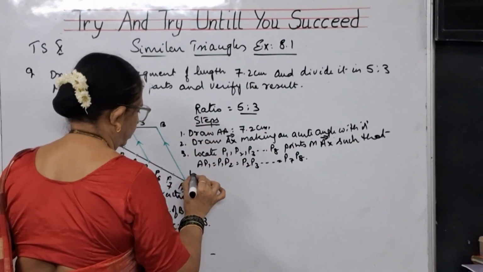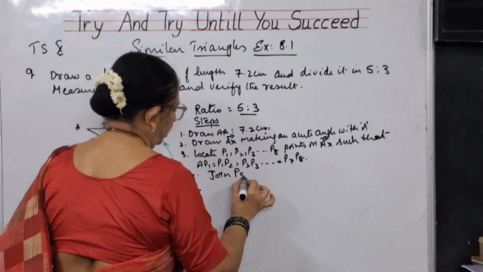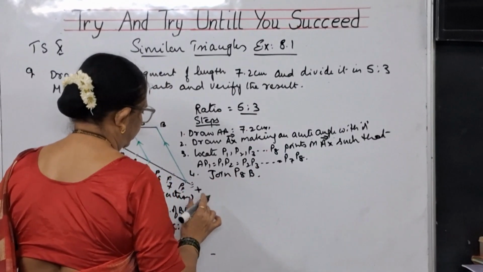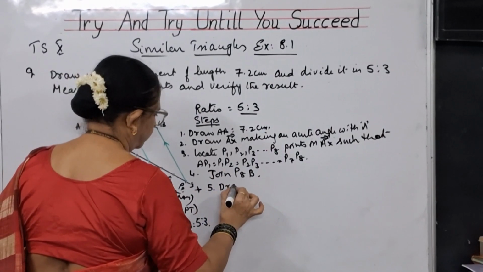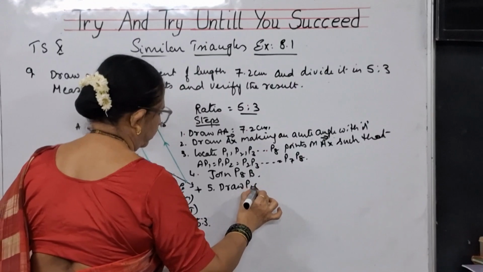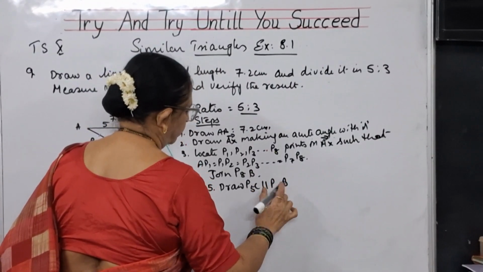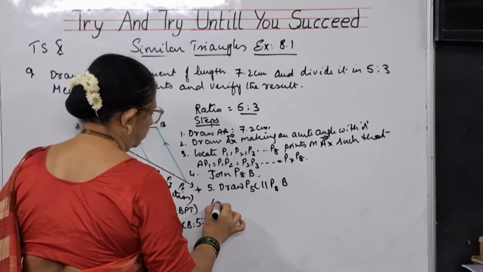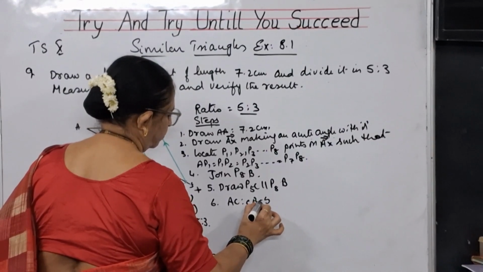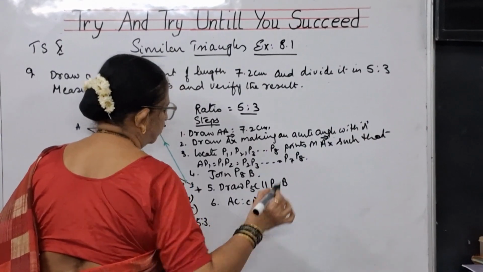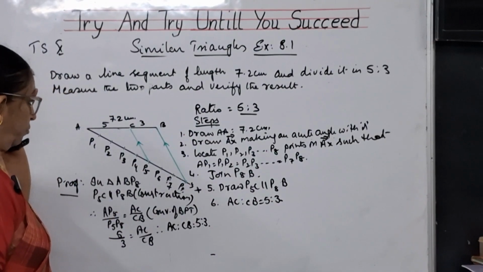Like that you have located. Now fourth, you have to join P8 and B. And fifth point, draw P5C parallel to P8B. Then sixth point, AC is to CB is equal to 5 is to 3. These are the steps that you need to write for this.